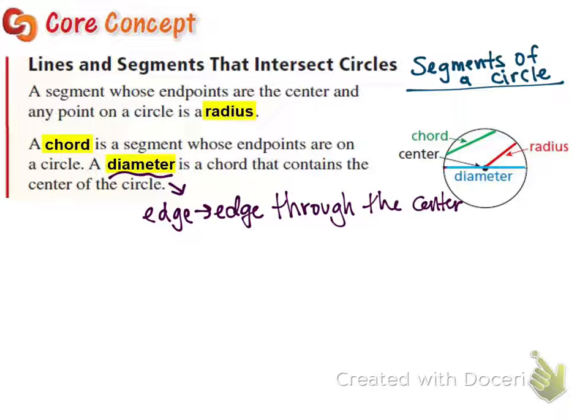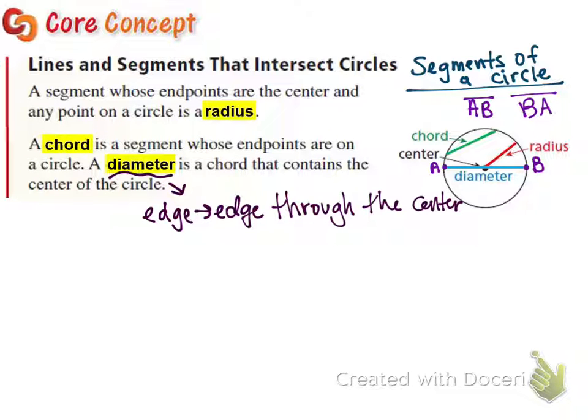Let's say that the diameter started on A and stopped at B. When you name a segment, what does the line above it look like? A line with no arrows, good. And then you could say AB. Can I reverse the letters? Yes, so you could say BA. So all of these are segments. You would name them with a straight line. That's it. They start, they stop, and then these are their definitions.